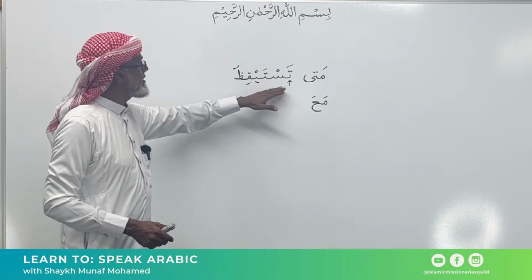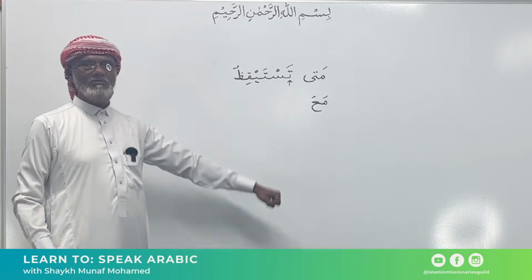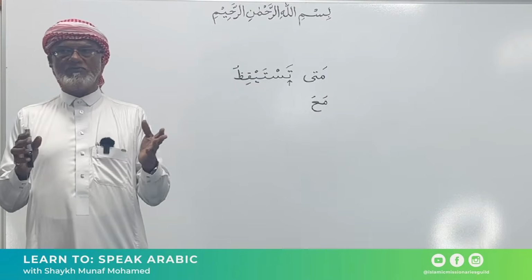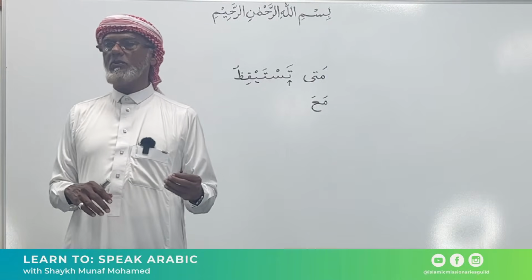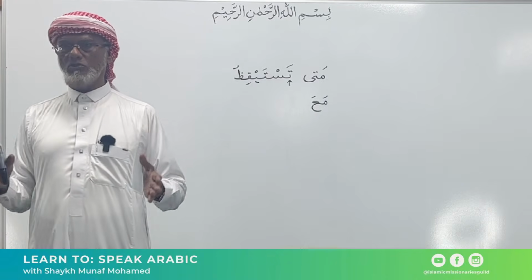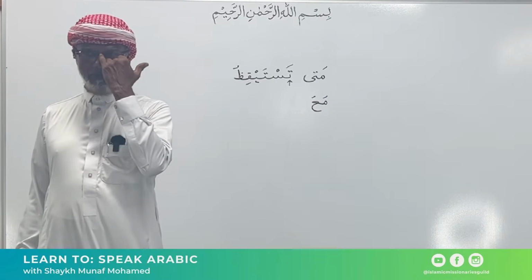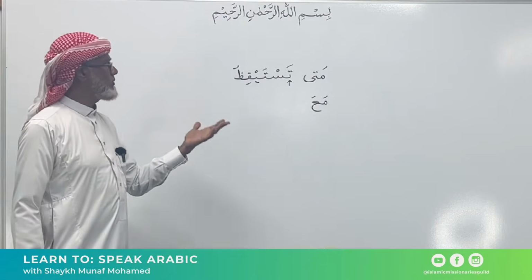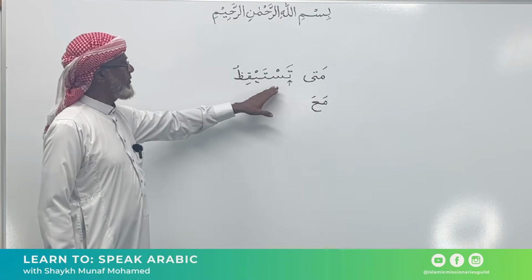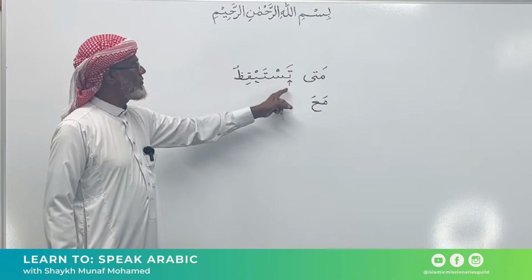So no matter how long the verb is, this is a long verb. It comes from the verb istayqaza, which is a different verb which we didn't do as yet, and we will not be doing those verbs with extra letters in this module. All right, when we resume our classes after the month of October, then we'll move on to those verbs. But I only wrote this word for you to see and to bring out this point to you.